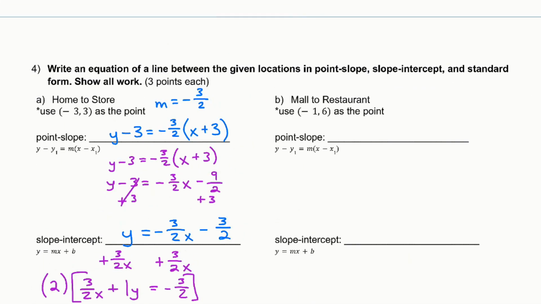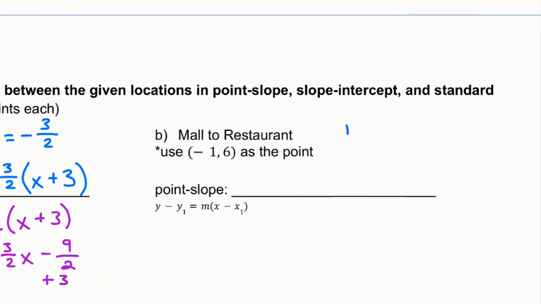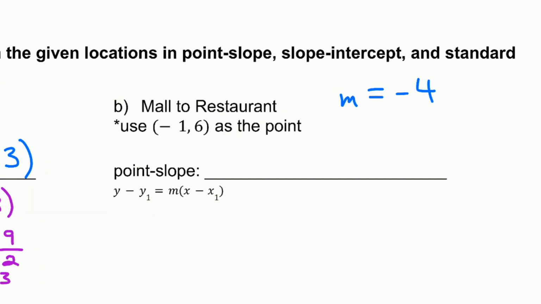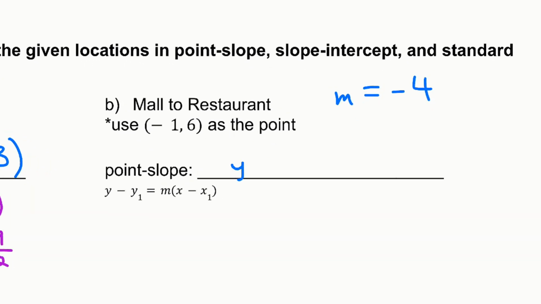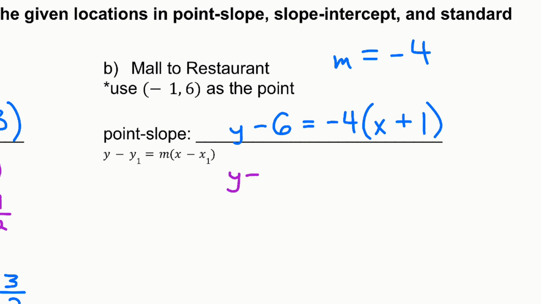Next one, there's a mall to restaurant, and our slope here was -4. All right, so substitute everything in just like we did on A. This will be y minus 6 equals the slope times x plus the 1, because remember, everything becomes its opposite. From there, just like we did on the first one, distribute.